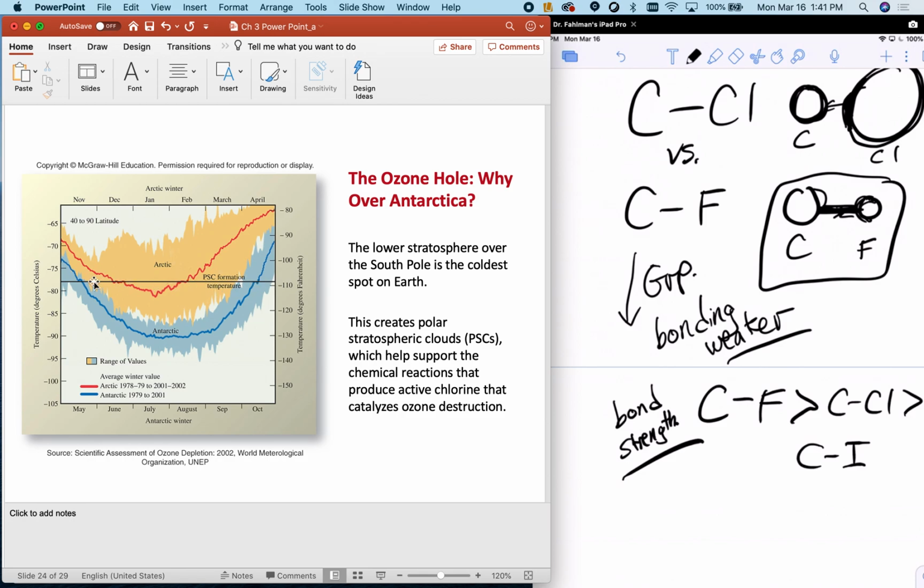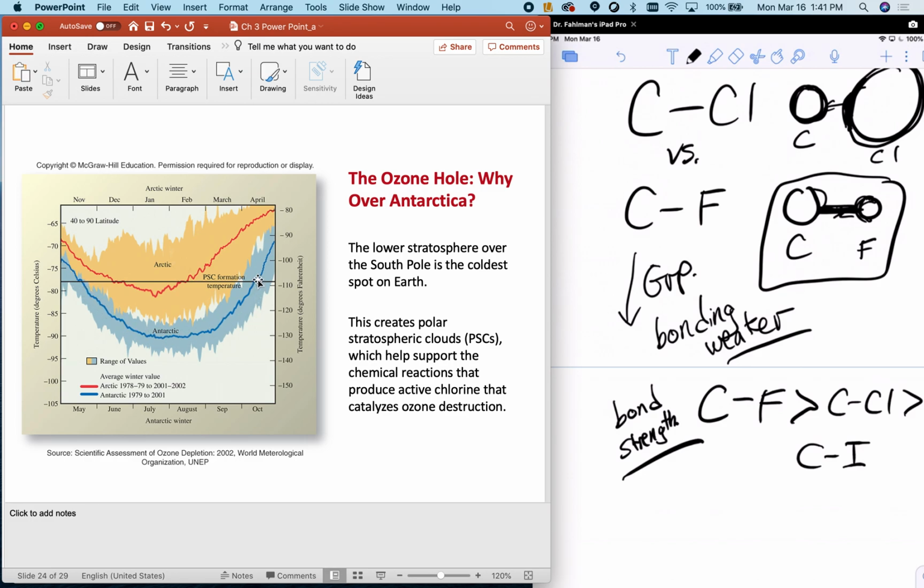There's something called polar stratospheric clouds that help these reactions. I'm going to show you a video of this in a bit to show how that happens. But you can see that Antarctica is underneath that cloud formation.